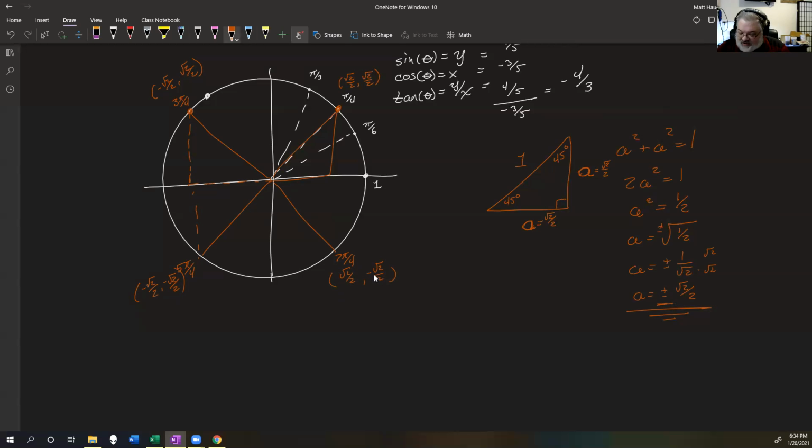So if somebody comes around and asks you, what is the cosine of 7π/4? You're going to tell them, well, cosine is the x value on the unit circle. At 7π/4, the x value on the unit circle is square root of 2/2. So that's the cosine of 7π/4 radians.